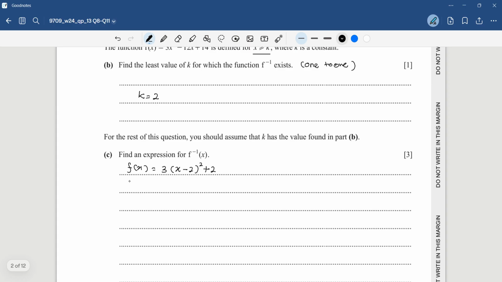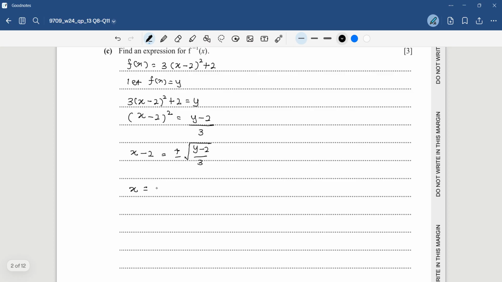In order to find the inverse function, we let f(x) be equivalent to y. So 3 times x minus 2 squared plus 2 equals y. Therefore, x minus 2 squared is equivalent to y minus 2 over 3. Therefore, x minus 2 will be plus or minus the square root of y minus 2 over 3.